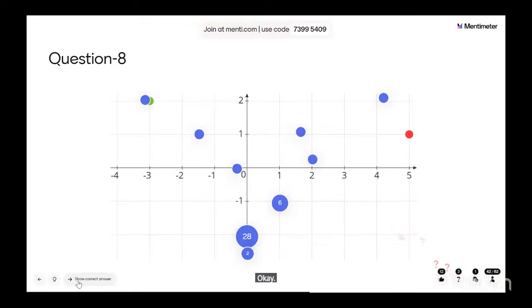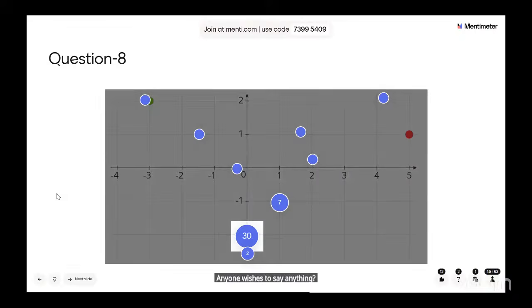Okay, let's see the correct answer here. Anyone wishes to say anything? Right. So the point given by (0, -2) is closer to the green point, and hence it's going to belong to the green cluster.